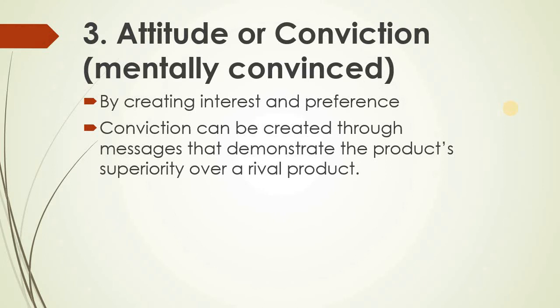So you should be convinced that this is the product I'm going to buy next time. How am I convinced? There are different ways. You should be communicated with, or shown, in such a manner that your product is superior to your rival product. Then definitely I can develop a strong conviction.